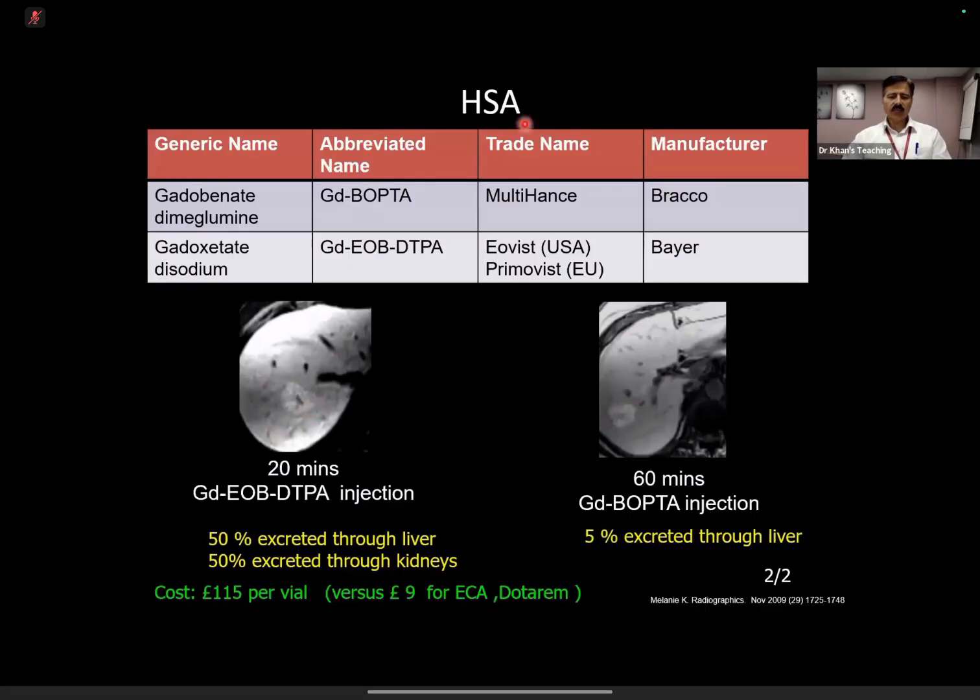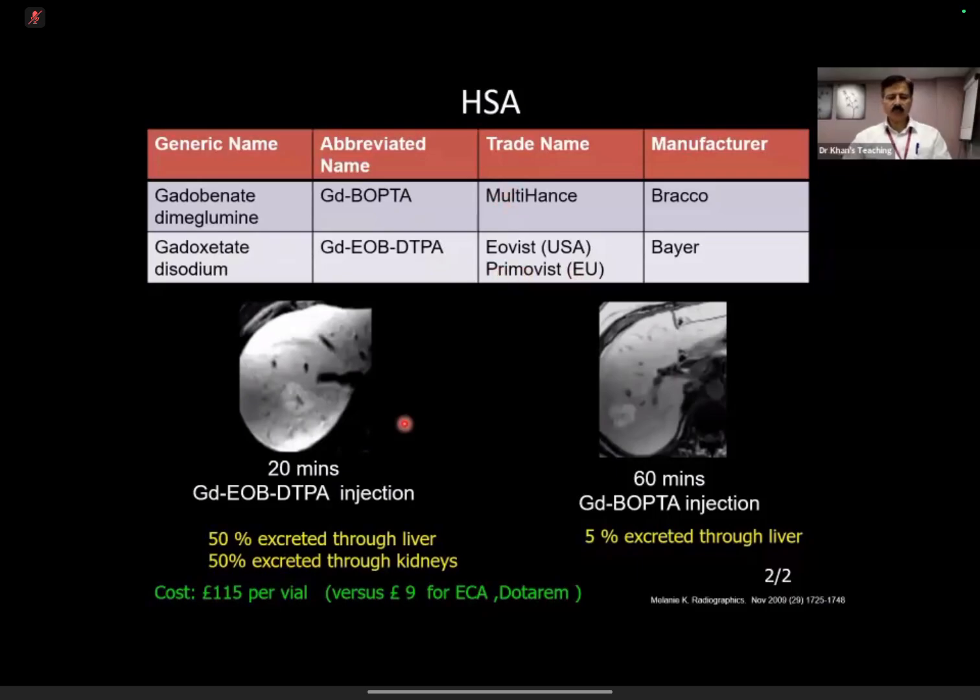These are the abbreviated names, and the trade names are these ones. In UK, we use Primovist. In most of the EU, this is the name, and we have got no experience with the other agent here in our department, but we use this one, Primovist.